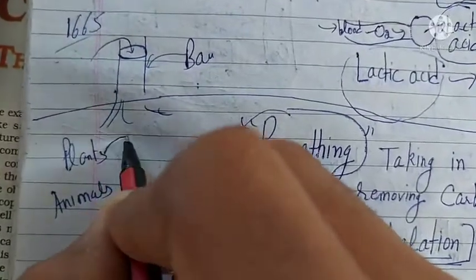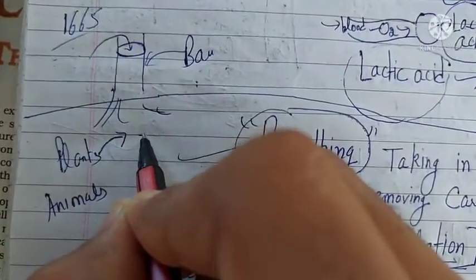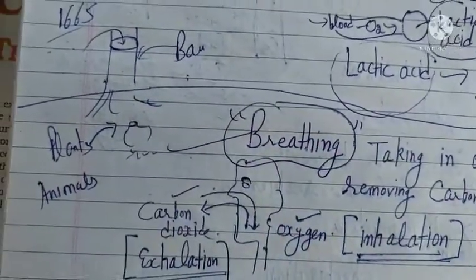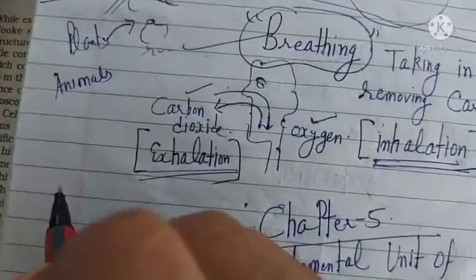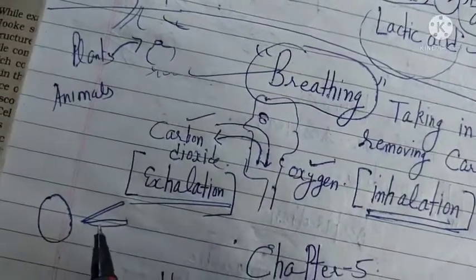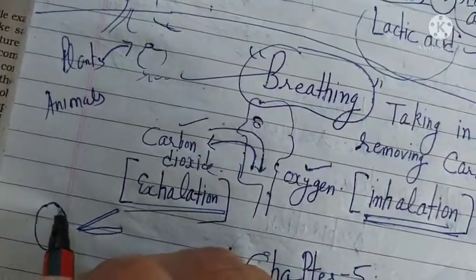And if you take the category of plants, suppose onion is also a type of plant. Take an onion, a piece of onion. With the help of forceps, like a chimta, try to remove its peel.